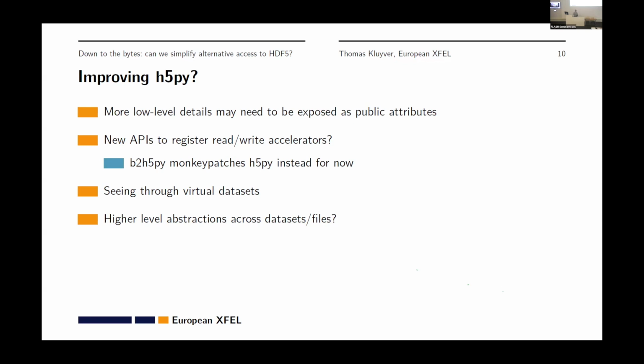And I think there are also things that we could do about seeing through virtual datasets, which again gets back to looking at the format at a lower level. If you know about the chunking and the filters of the underlying dataset, but you're reading it through a virtual dataset, you need a way to recognize those underlying datasets, not just the virtual dataset that you're looking at.